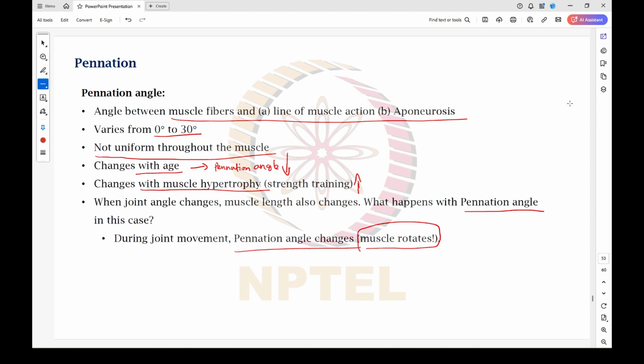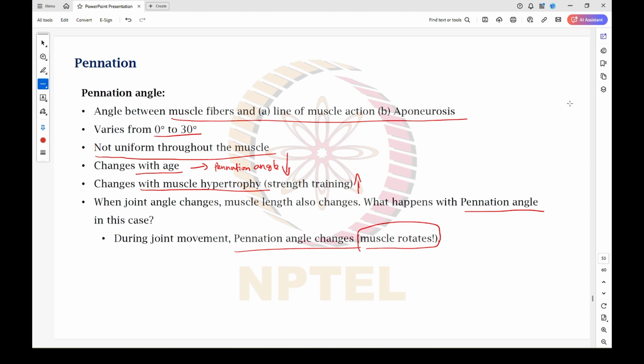The major point of pennation is that you can squeeze more muscle fibers into a particular muscle, therefore generating more force. However, with age, the muscle fibers atrophy, and because there is more space, the pennation angle decreases.